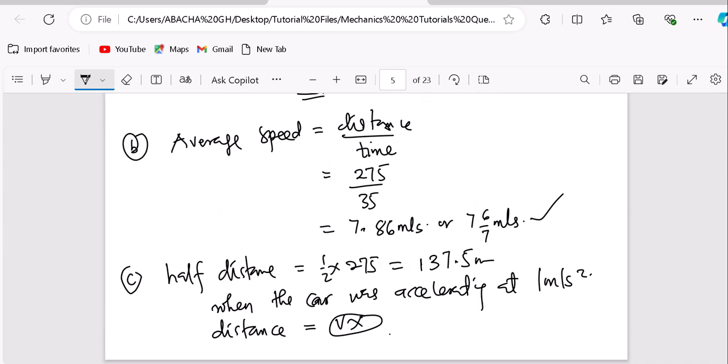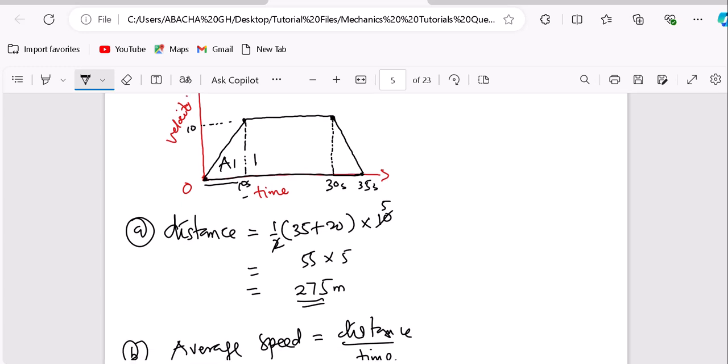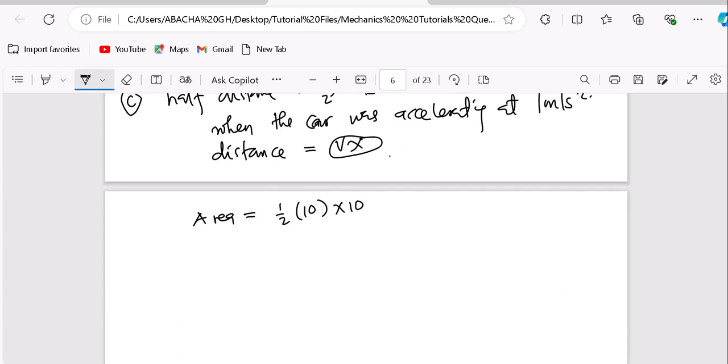So we substitute, and this gives us 50 meters. So this is the distance for when the car was accelerating at 1 meter per second squared.